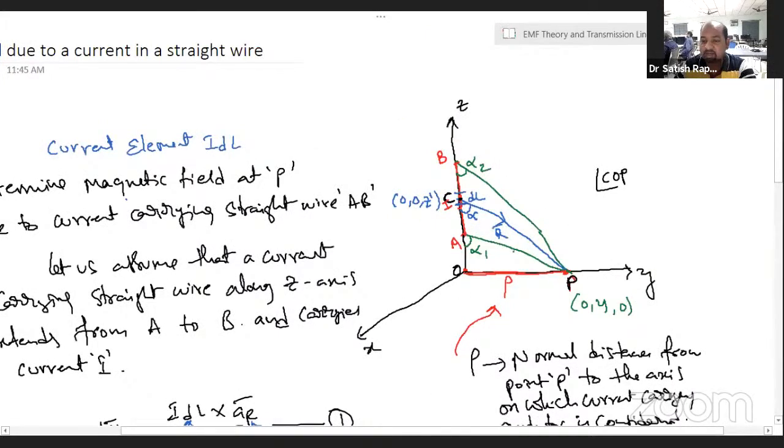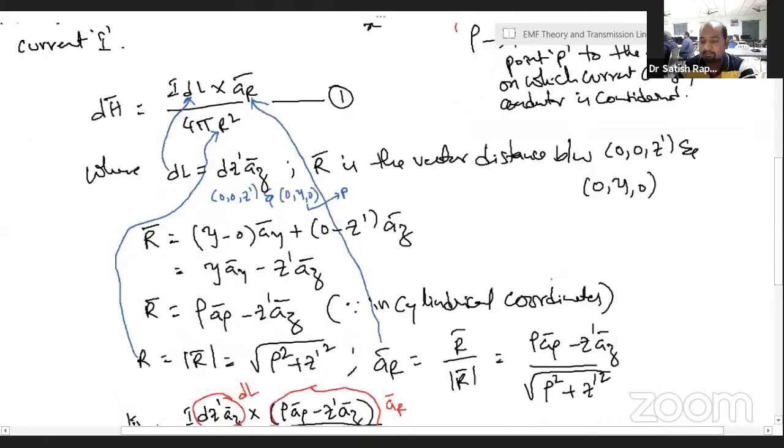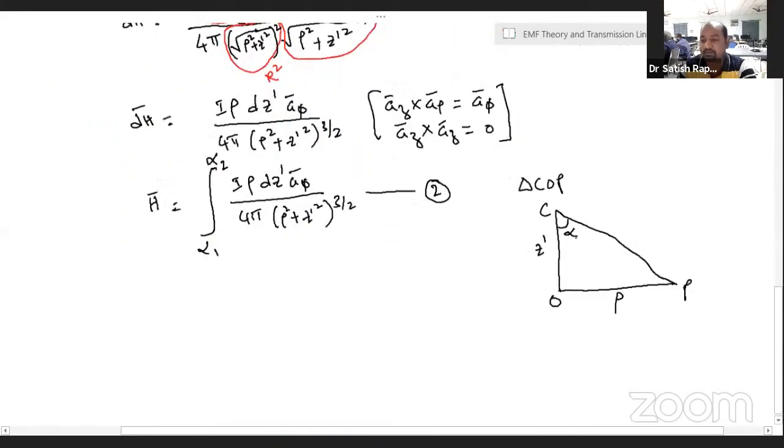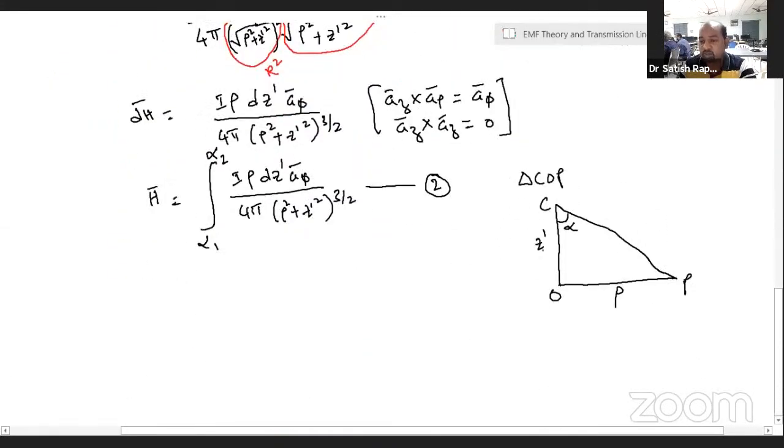The same right triangle COP I have reproduced here. So in this figure, CO is z dash and OP is rho. So from the figure, tan alpha. So what is tan alpha? Opposite side by adjacent side.